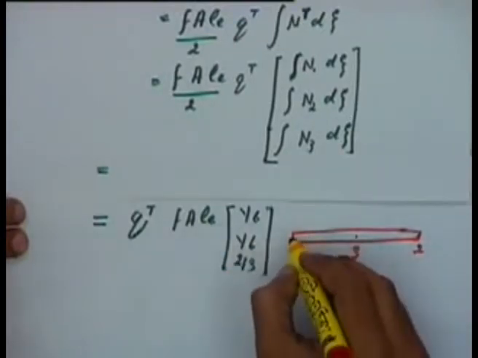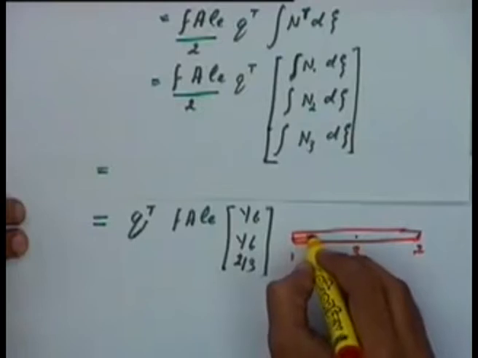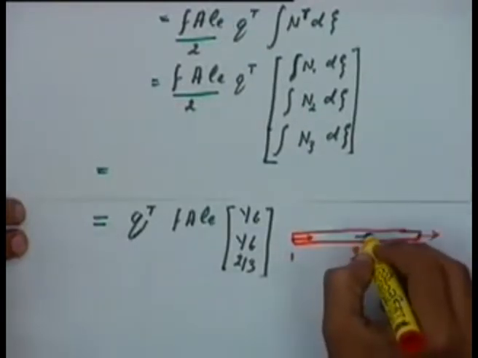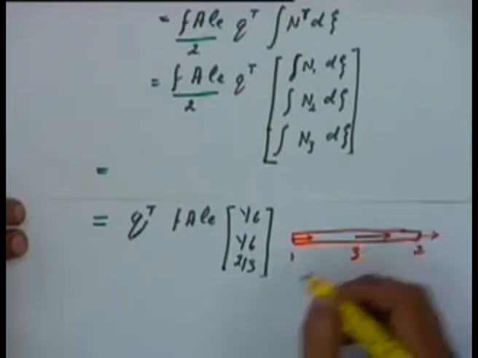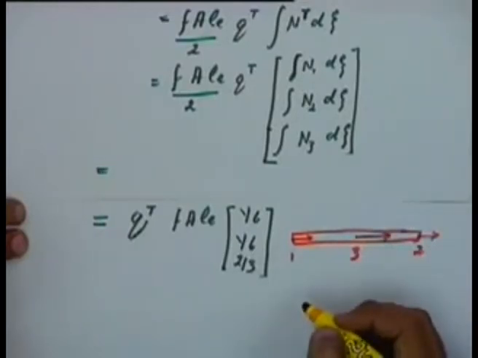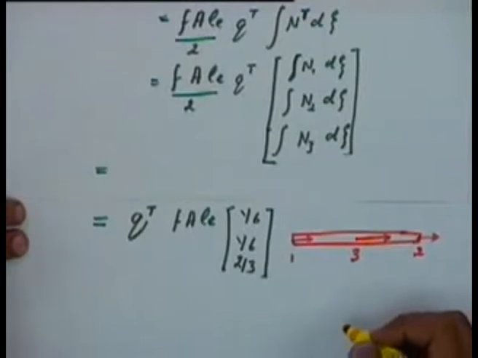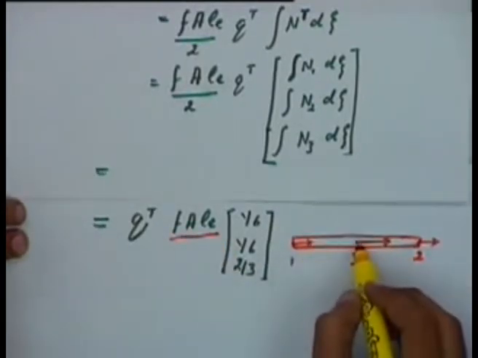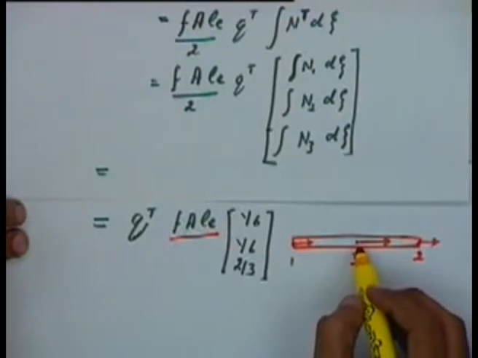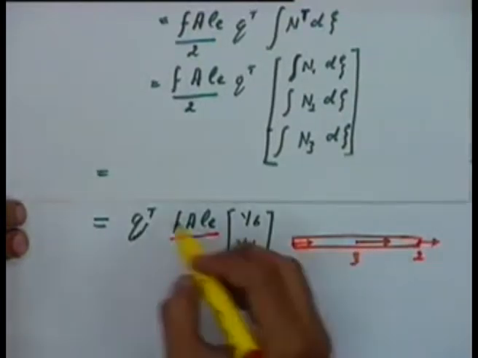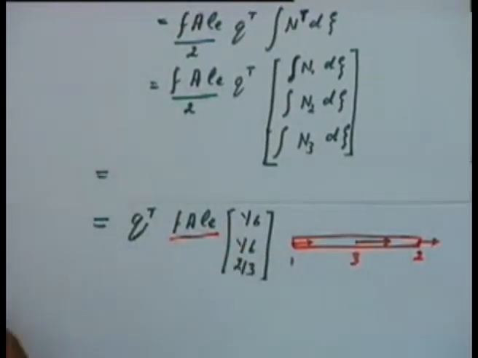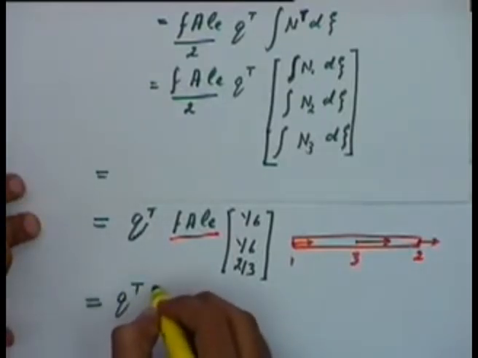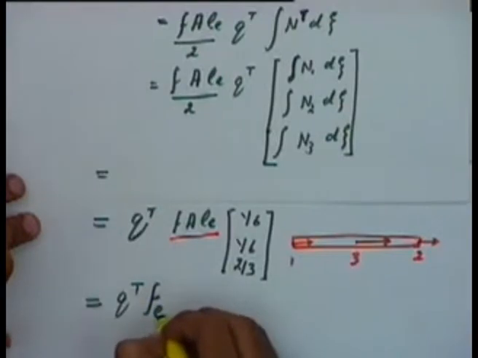So what we can say is effectively 1/6 of the body force is acting here, 1/6 is acting here and 2/3 is acting over here. The total body force acting is this, which is divided in this ratio at the three nodes, and this will be your Q transpose multiplied by, let's say, the body force vector for the element.